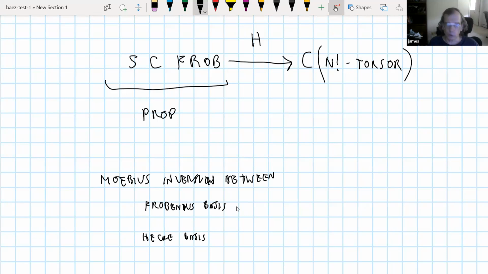Well, right. So before you linearize the special commutative Frobenius prop, it's like a set-valued prop, and its elements correspond to isomorphism classes of cospans. Is that right? Yep, I think so.